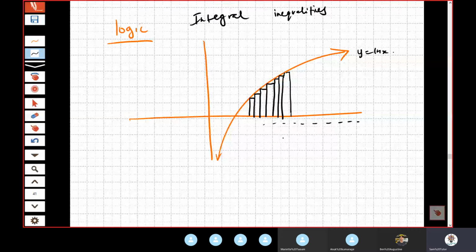Ben, does it make sense? Yeah, it does. So what am I trying to get to? I'm saying that the areas below are obviously going to be less than the area of the exact curve. Correct? Because you're going to have a bit of error.